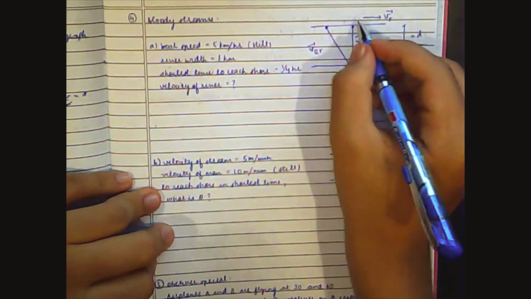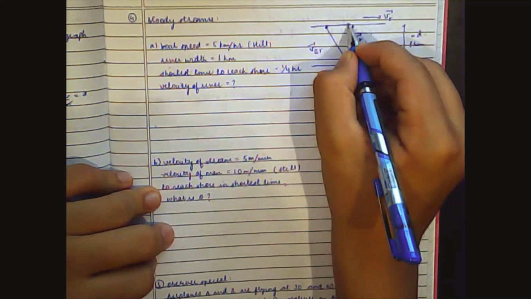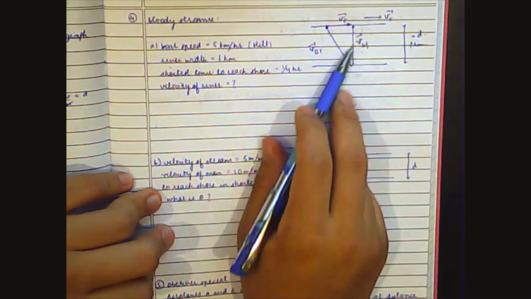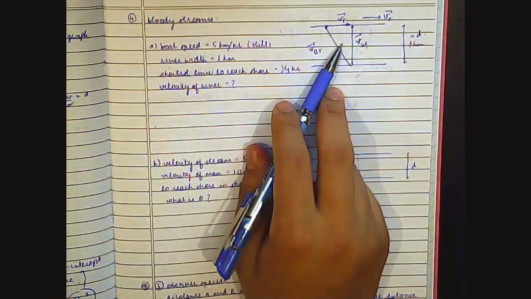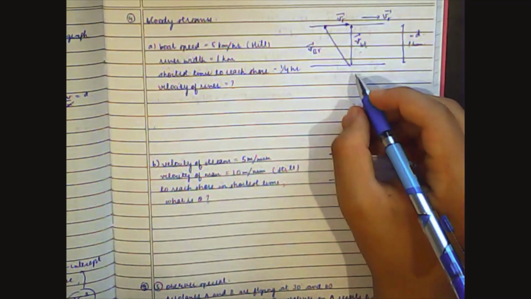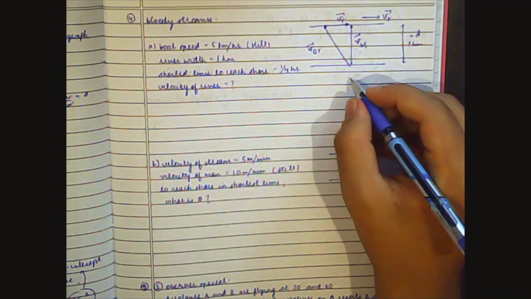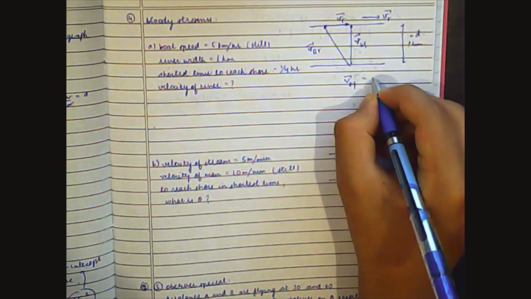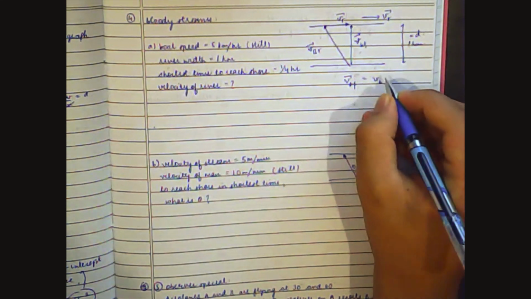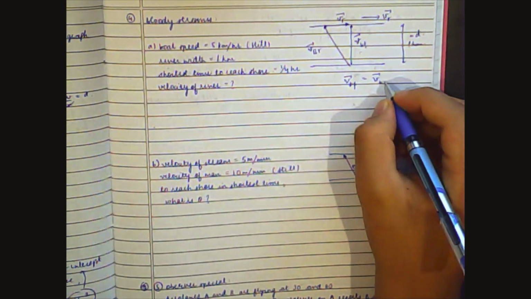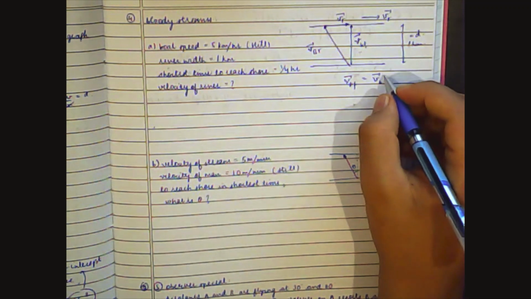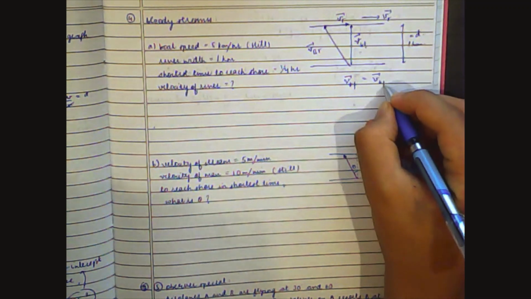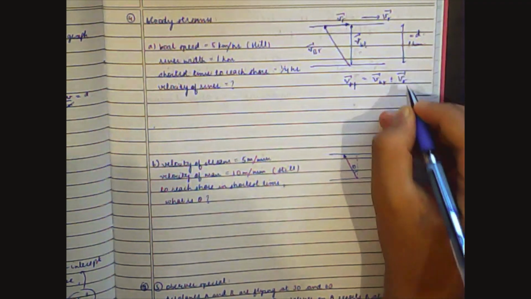And this will be the V of R, and this forms a perfect vector sum, which basically is VBF equals VBR plus velocity of river.